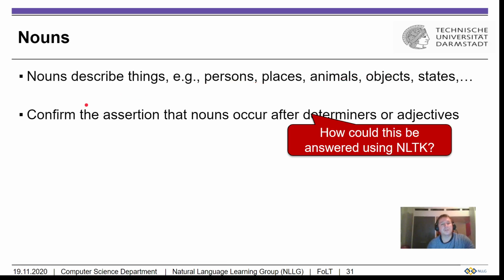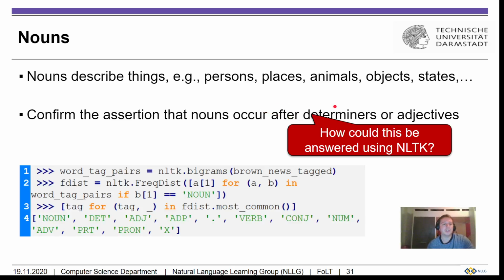And now let's confirm the assertion that nouns occur after determiners or adjectives in English, right? So let's do some coding in NLTK, and check that in English nouns really come after determiners or adjectives. We go through our tag corpus and check the bigrams, and for each bigram we check if the second one is a noun, and we make a frequency distribution.